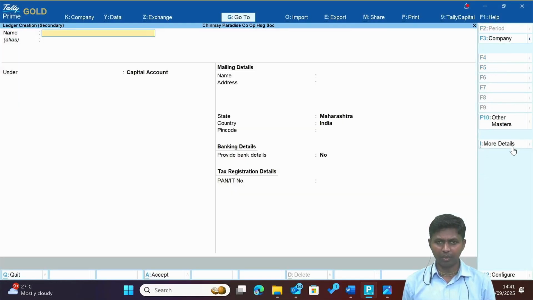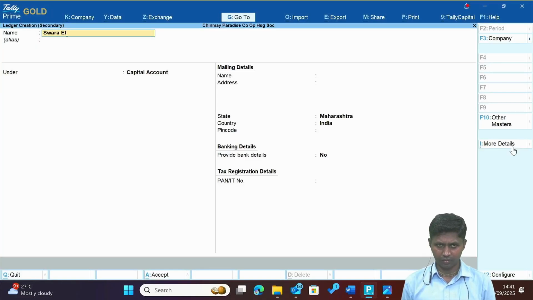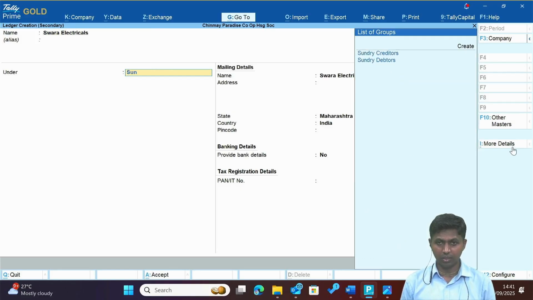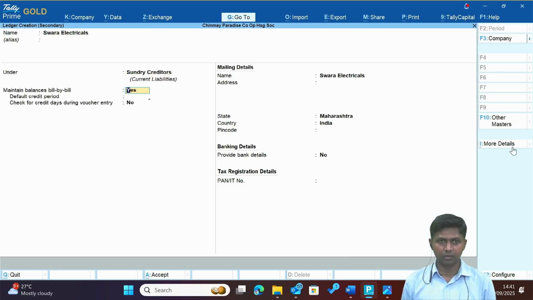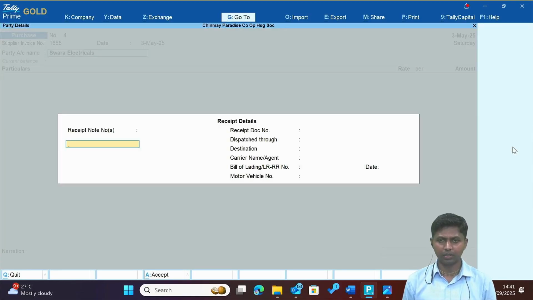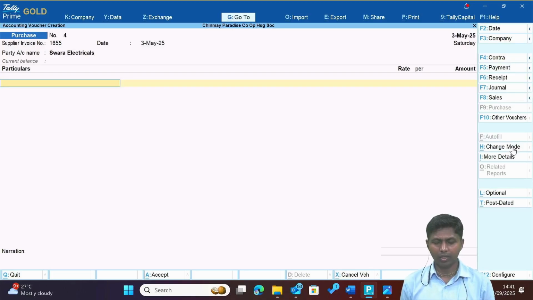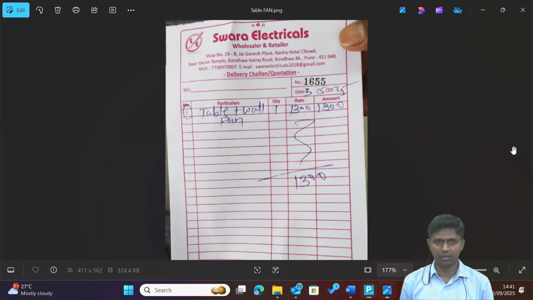You can create the party with Alt C. Swara, but the electronics or electricals. Swara Electricals under sundry creditors. For bill by bill or other details, no need to enter, just accept the things. We don't have receipt details, therefore accept it. This screen also you can accept with the help of Control A, direct acceptance.